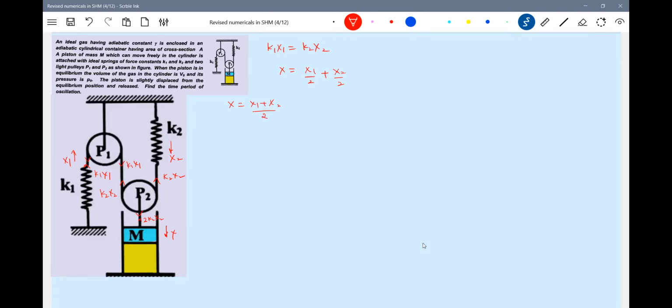So from this, we'll get equations for x1 and x2 in terms of x. We'll solve this. Let me substitute here now. X1 is equal to 2k2 x by (k1 plus k2). What about x2? X2 will be 2k1 x by (k1 plus k2).